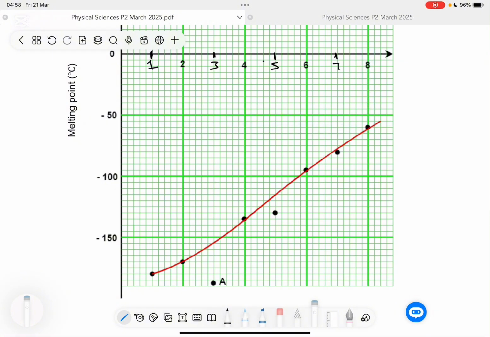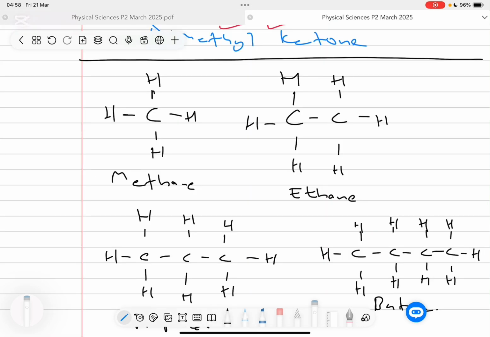Now, this is an expected result because we know that when we have a molecule that has only one carbon atom, there is the smallest number of bonds in it, and also the density of this molecule and the molecular mass.